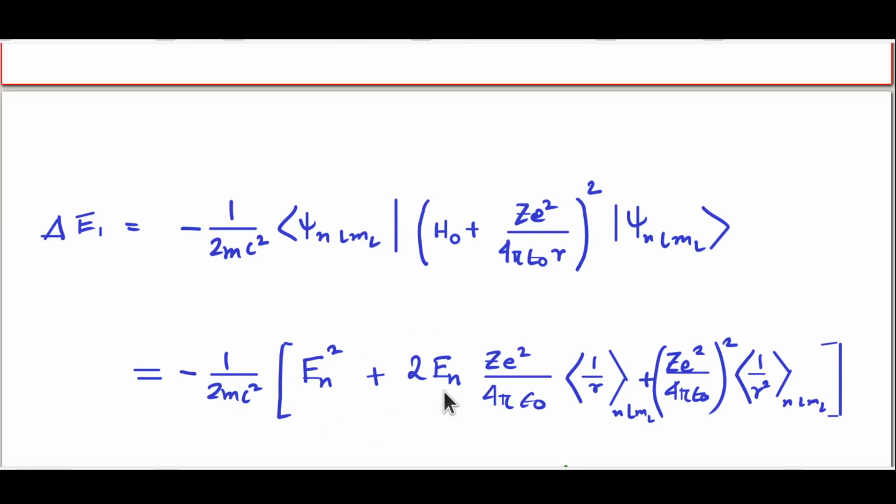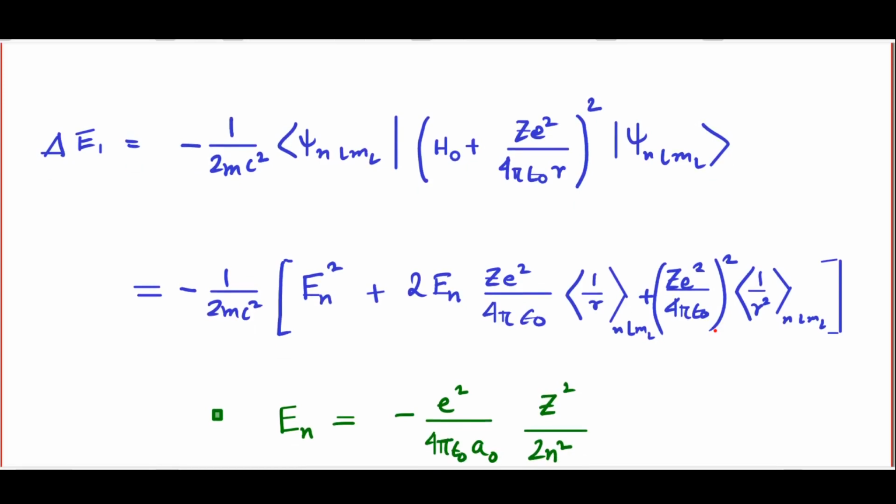You are going to get twice En times z square by 4 pi epsilon 0 times the 1 by r expectation value in the state psi n L ml. These two terms come from the AB plus BA kind of term in A plus B whole square. And the B square term gives you z square by 4 pi epsilon 0 whole square times 1 by r square, evaluated in the state psi n L ml.